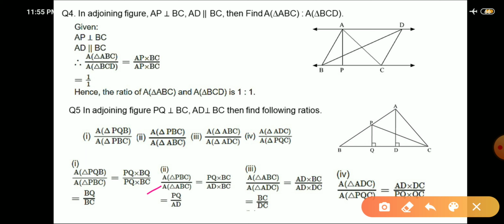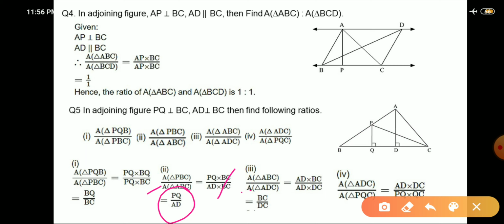Area of triangle PBC upon area of triangle ABC is equal to PQ into BC, that is height into base, upon AD into BC. Here BC gets cancelled, and finally we get the result PQ upon AD.